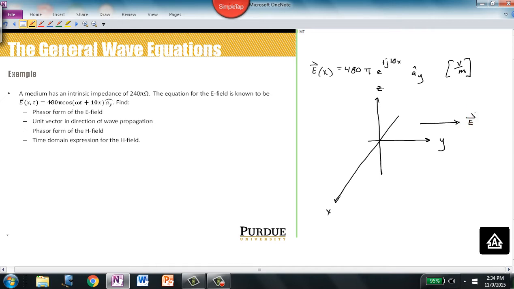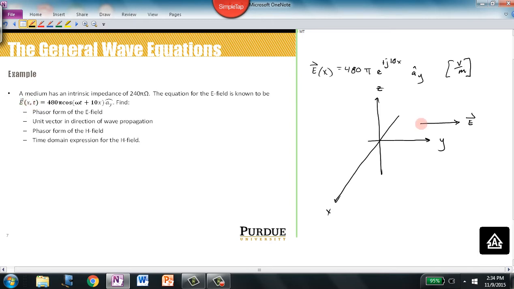Well, what other information do I have? This variable is the direction of wave propagation, and so this is an E field that is propagating in the x direction. That also means the H field is going to be propagating in the x direction because they propagate in the same direction. The direction of wave propagation is x.